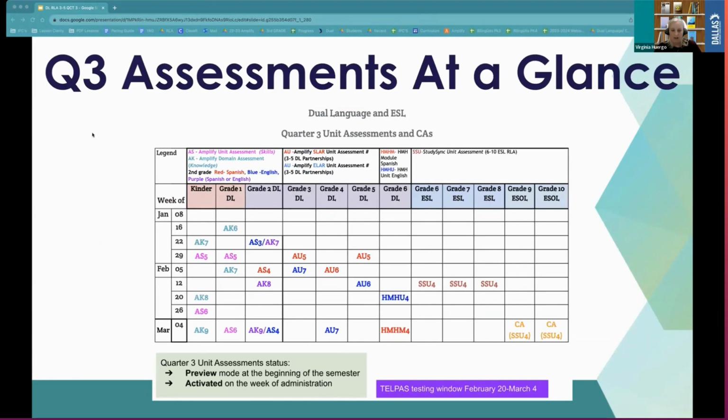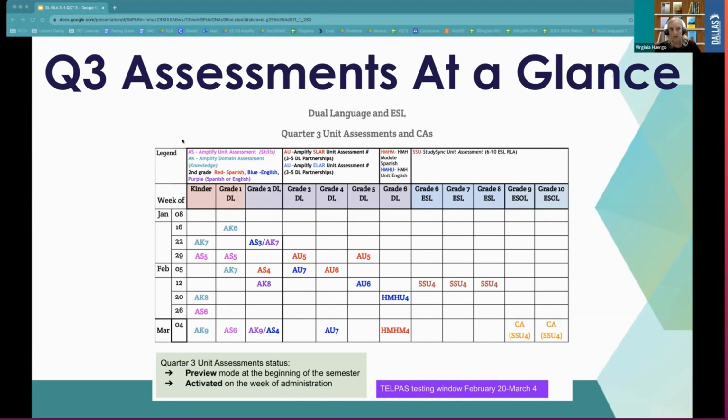Okay, so the Q3 assessment at a glance can be found in the blueprint document, which is whenever you have an assessment, right? Please note that all assessments will be on preview mode. We are receiving lots of questions regarding that. So from the beginning of the quarter till the week of the assessment it is always in preview mode, so your students will not have access to take it online.